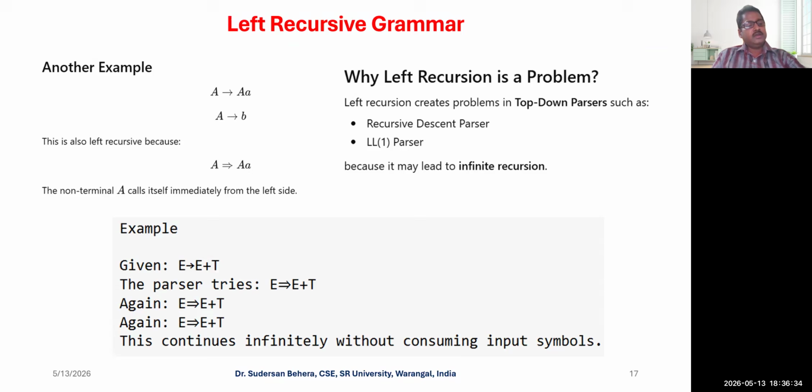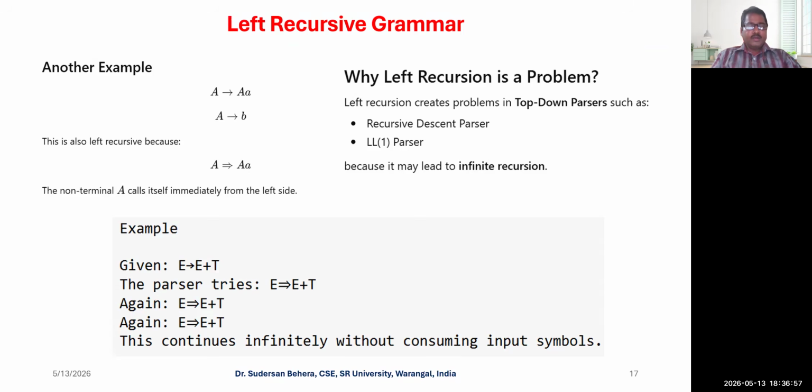So that is why left recursion is a problem. The non-terminal A calls itself immediately from the left side. In this particular grammar, only one left recursive production is available. That is A derives A alpha.